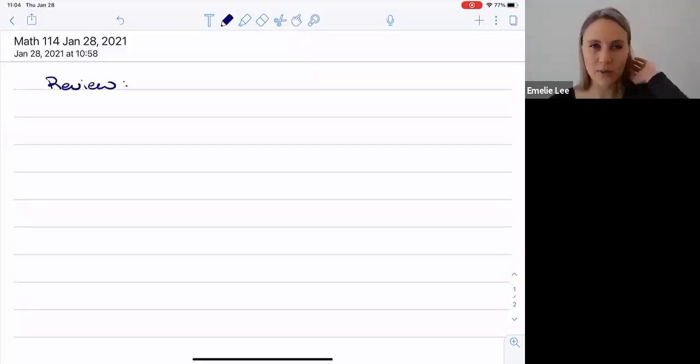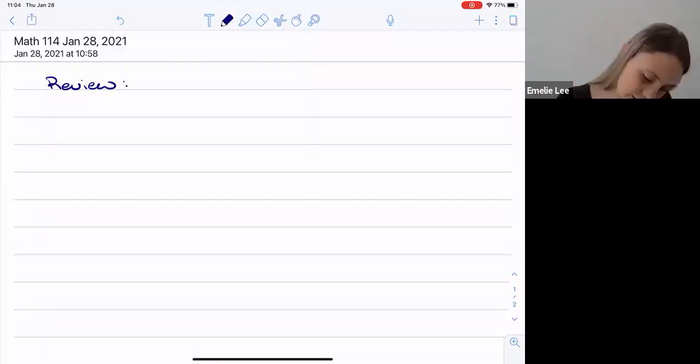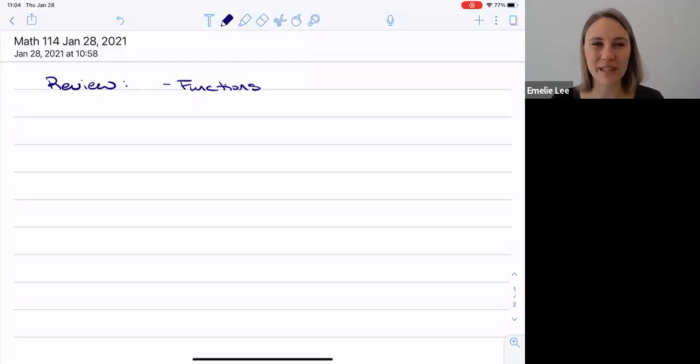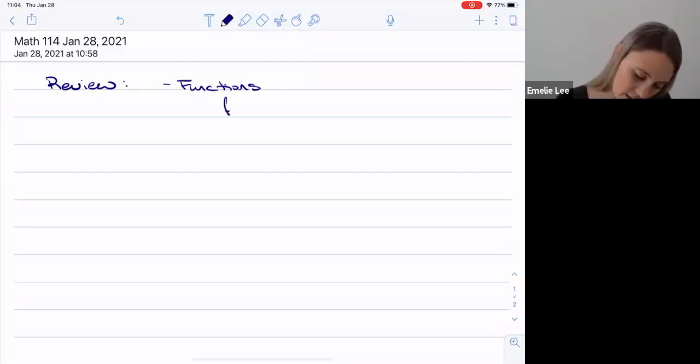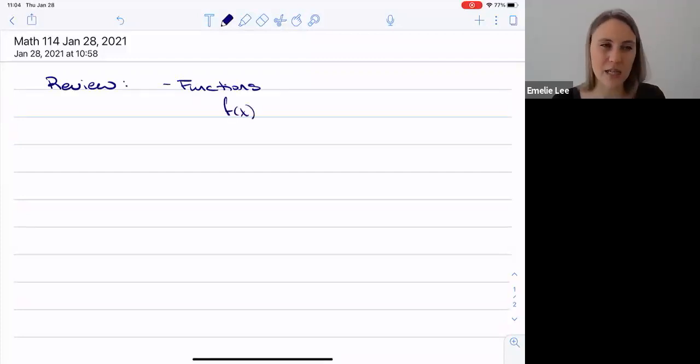So, what did we do? We talked about functions, and how we can use functions. Functions take some input value and spit out some output value, right? So we talked about functions and manipulating functions, where f of x is function notation.